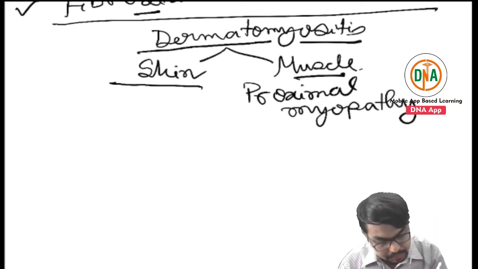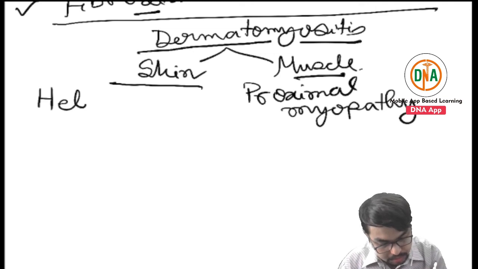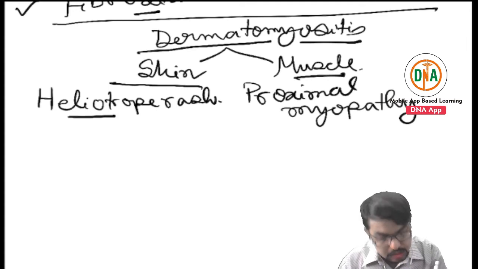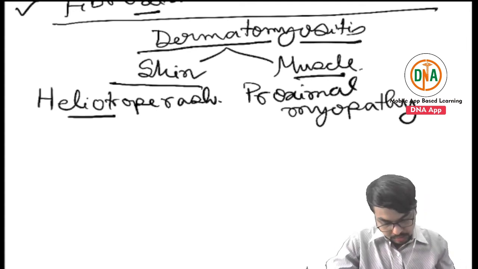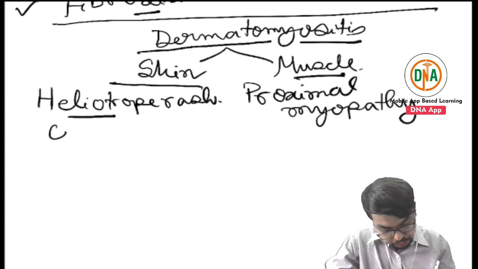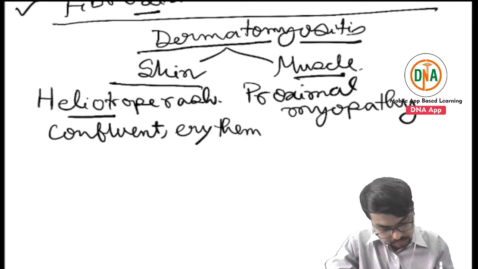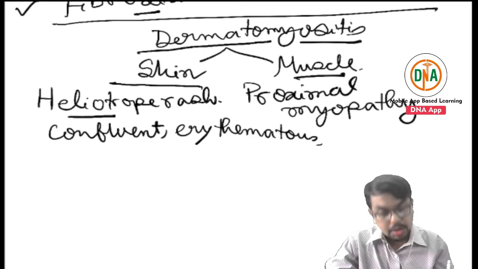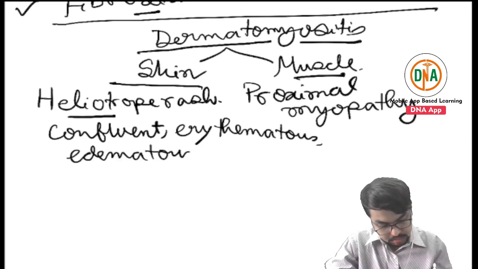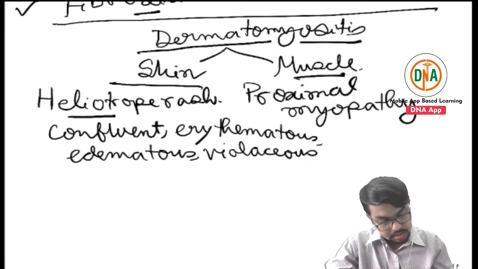Here we see heliotrope rash. What is this heliotrope rash? This is a confluent, remember all the adjectives here, confluent erythematous, edematous, violaceous, macular rash.